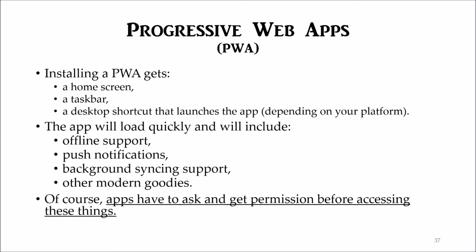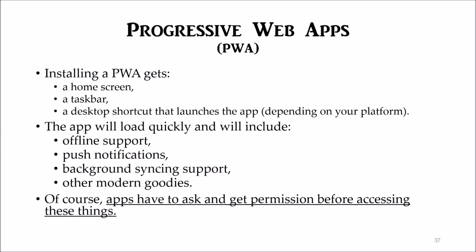When you install a PWA, and it's again just an app, but it's a progressive web app, you get a home screen, a taskbar, and some kind of icon to start it up, depending on what kind of platform you're running it on.